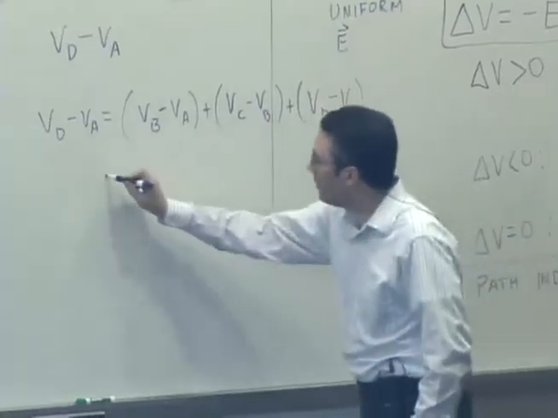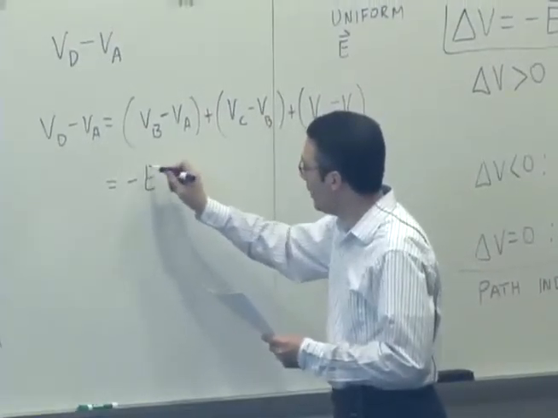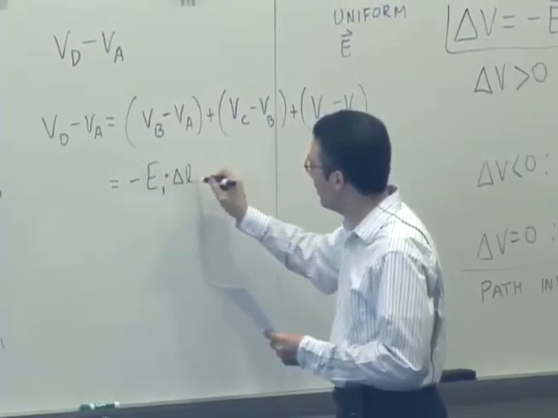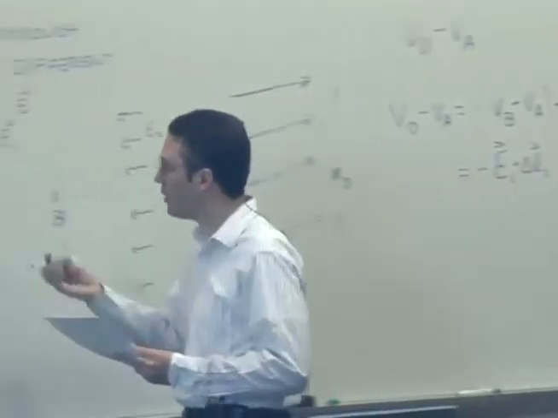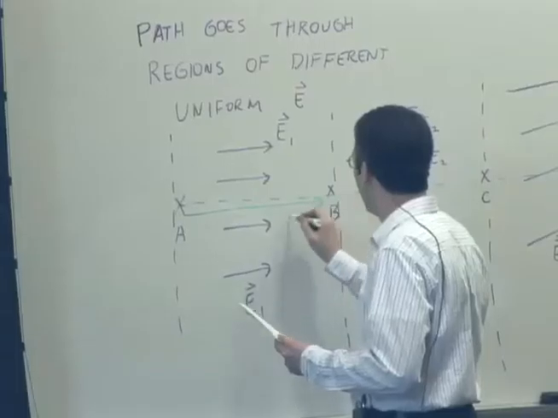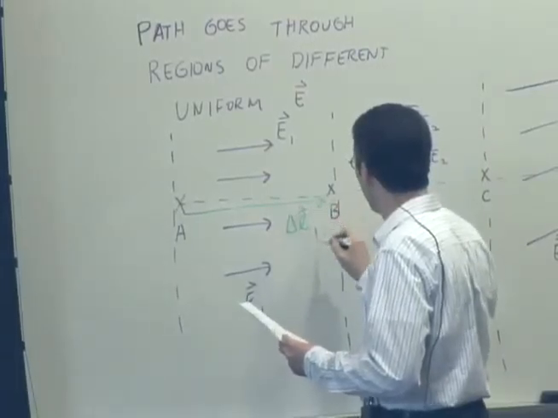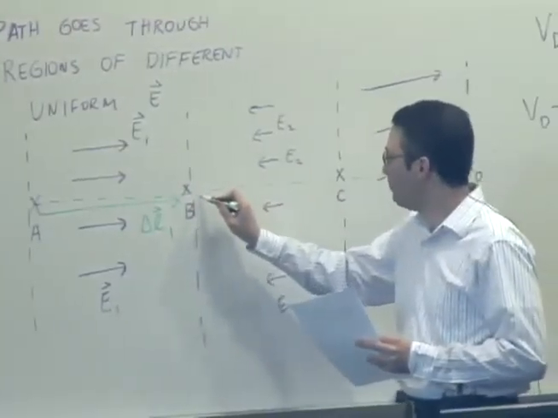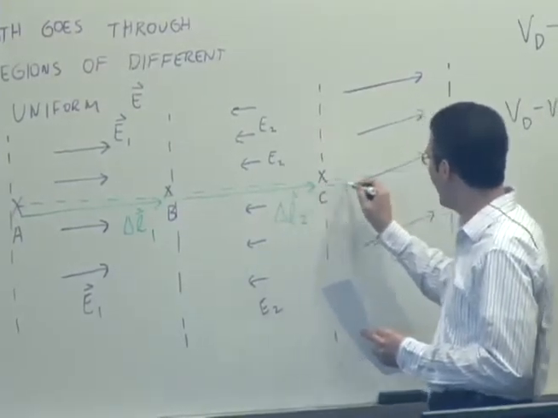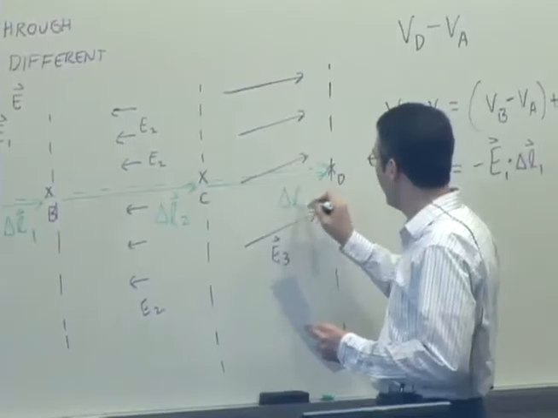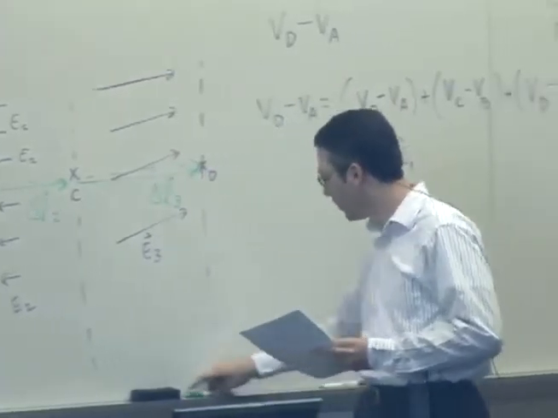And so I'd have negative E1 dot delta L1, delta L1 being the path vector that points from A to B. And then from B to C, we have a delta L2, and then C to D, a delta L3.